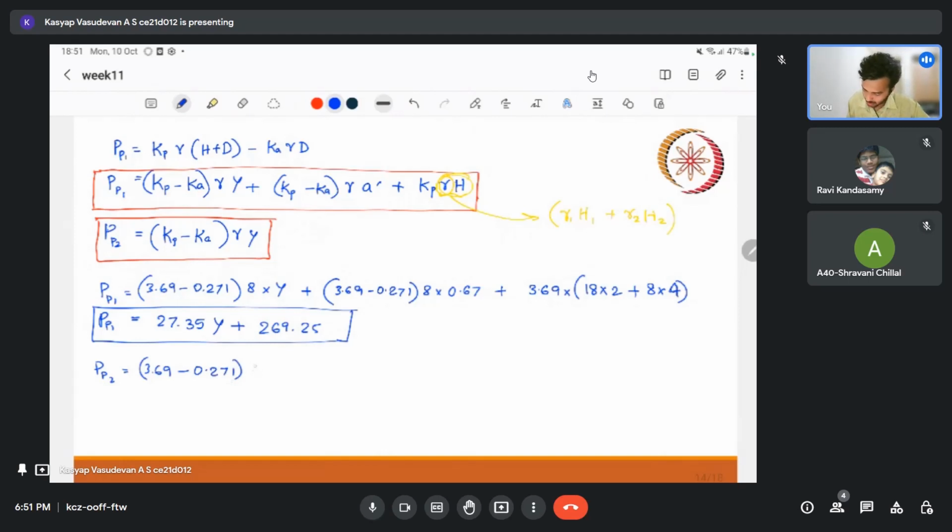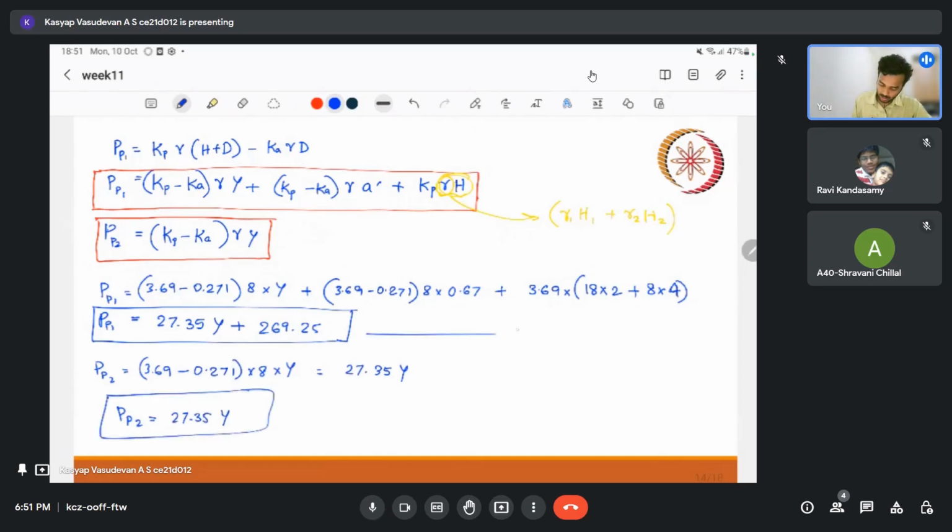Gamma is nothing but 8 into y. So this turns out to be 27.35 y. So I have pp2 as 27.35 y. So now we have an equation for pp1 and pp2 in terms of y.